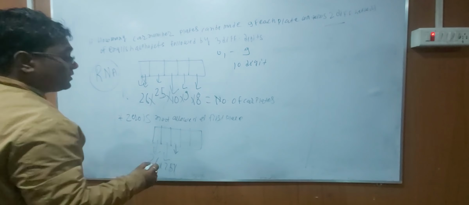You understand that 1 2 3 4 5, till 5 is given, okay. 5 into 4 into 3.